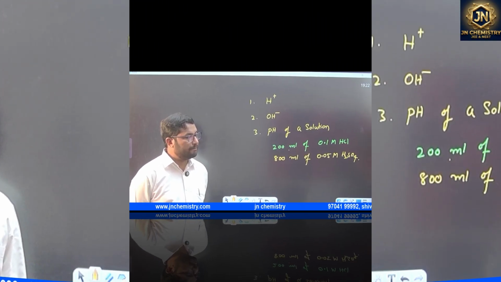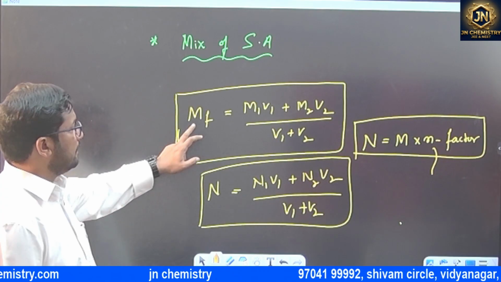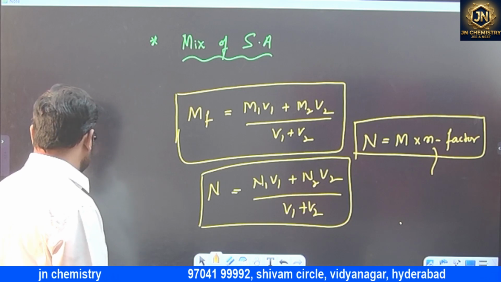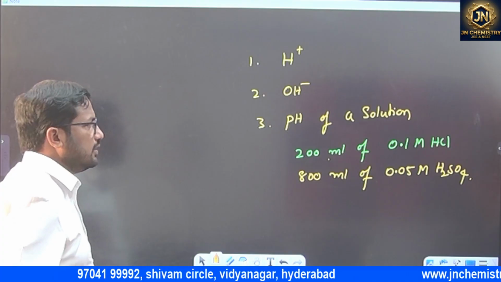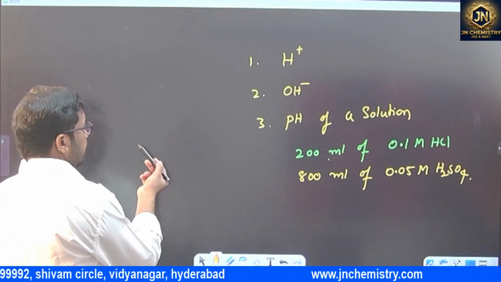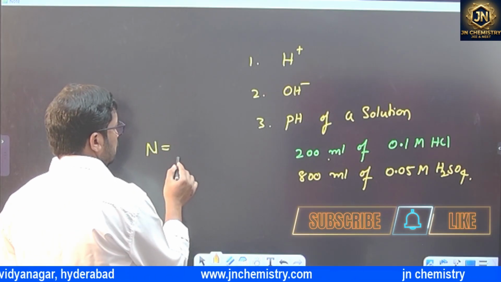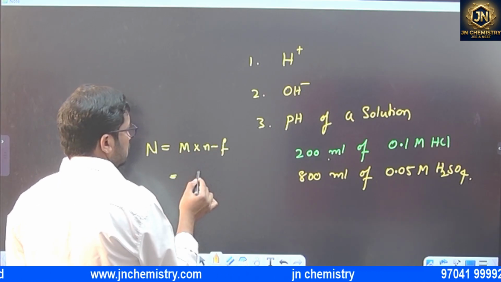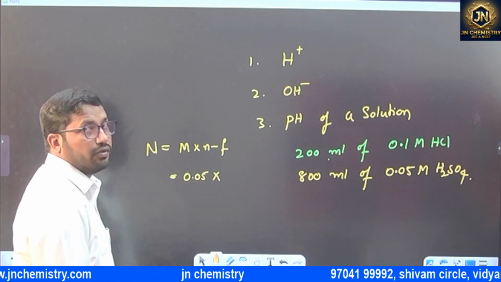Come on, do it. Use this formula, M1V1 plus M2V2 by V1 plus V2, or otherwise you can take normality also. For HCl, molarity equals normality because the N factor is 1, whereas for H2SO4 normality equals molarity into N factor. Molarity is 0.05, and the N factor of H2SO4 is 2.